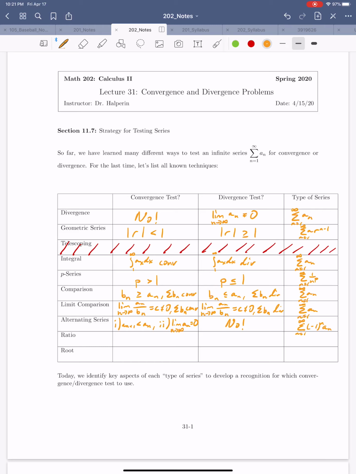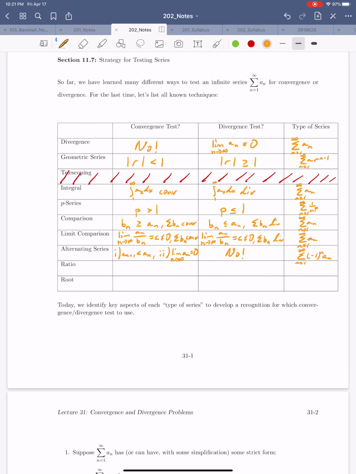Okay. Now for the ratio test, that was the one that we recently learned, right? We learned that today, in fact. The ratio test is a test for absolute convergence or divergence. Again, we're looking at our generic series from 1 to infinity of a_n, and it converges if the limit as n approaches infinity of the absolute value of a_{n+1} over a_n is strictly less than 1.